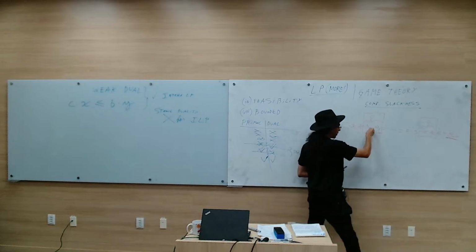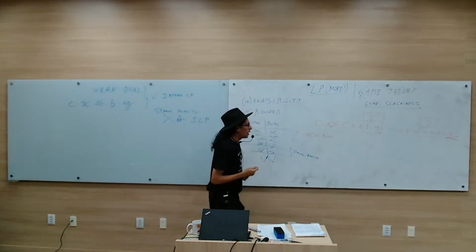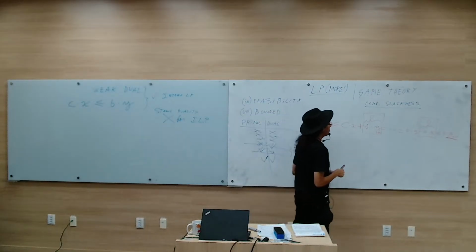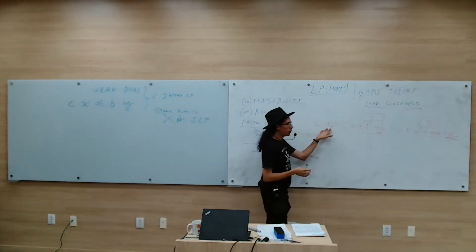So coordinate by coordinate in these two vectors, one of them has to be 0. So actually, what does it mean? That if I manage to make it 0, the obtained x will be optimal.